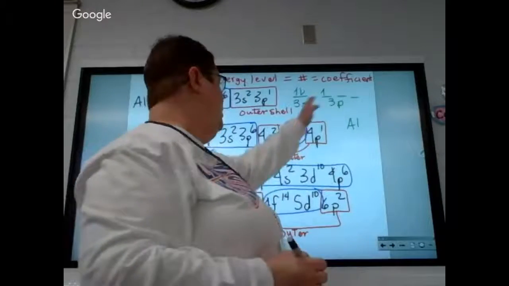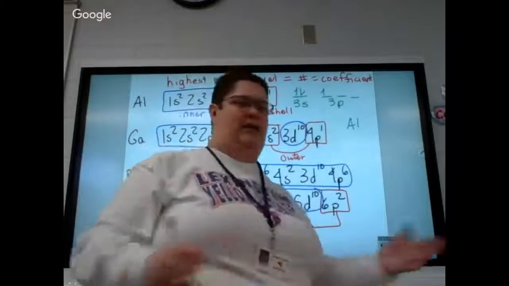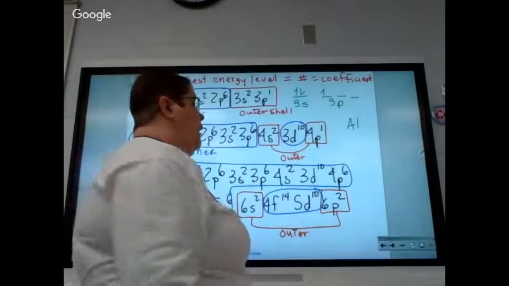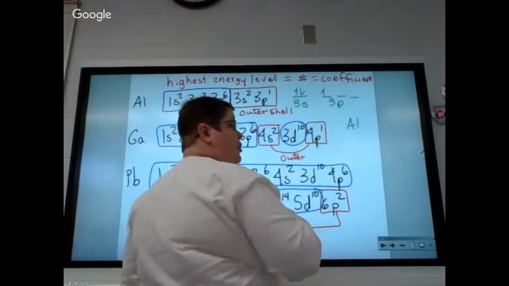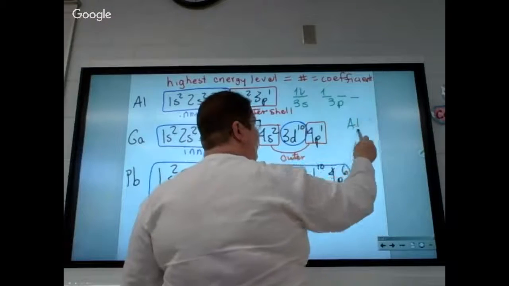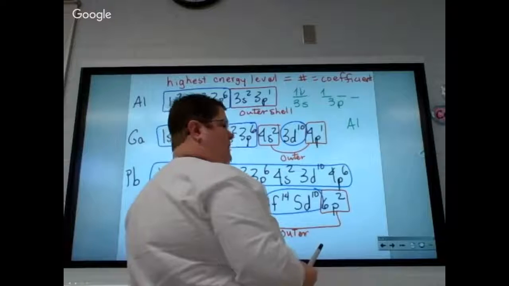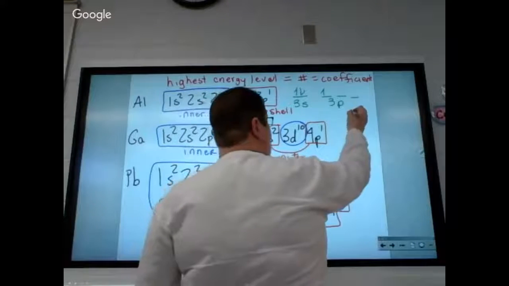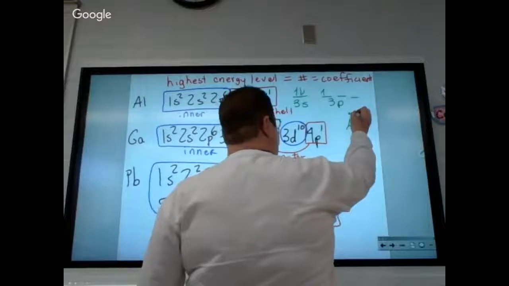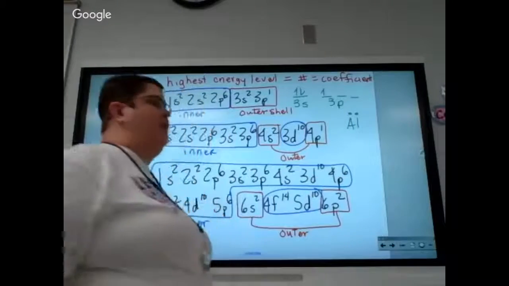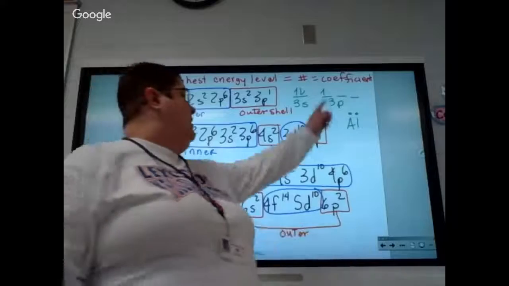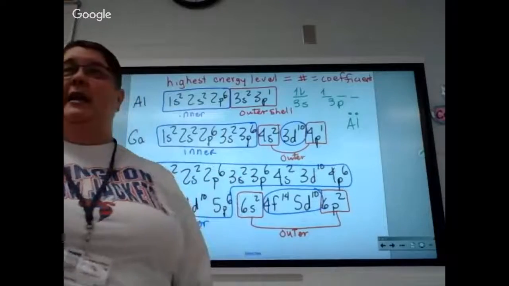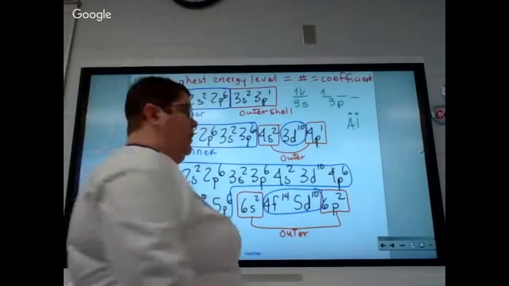Envision 4 sides on aluminum. We don't actually draw the box. I have 2 arrows that are paired, so I draw 2 dots that are paired on one of the 4 sides. It does not matter what side you choose. I tend to start at the top, but you do not have to. So there are 2 dots to represent the 2 arrows. I have a single arrow, which means I need a single dot.